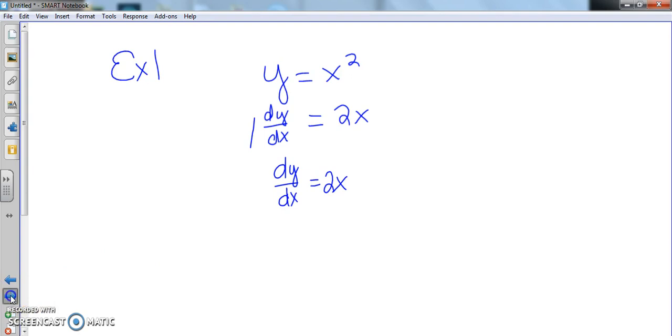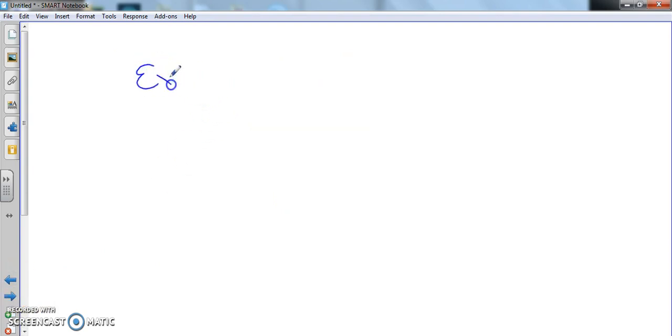So let's do another equation. Let's reverse it. Let's do x equals y squared. So the derivative of x is 1. And then we're going to take the derivative of y squared. The derivative of y squared is just 2y. But because we took the derivative of y, we tack on dy/dx.